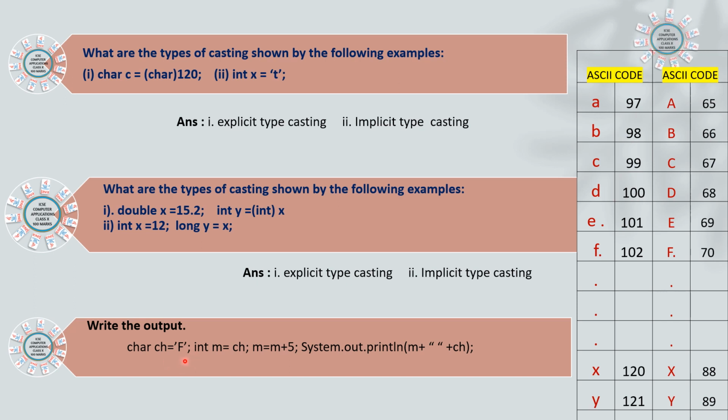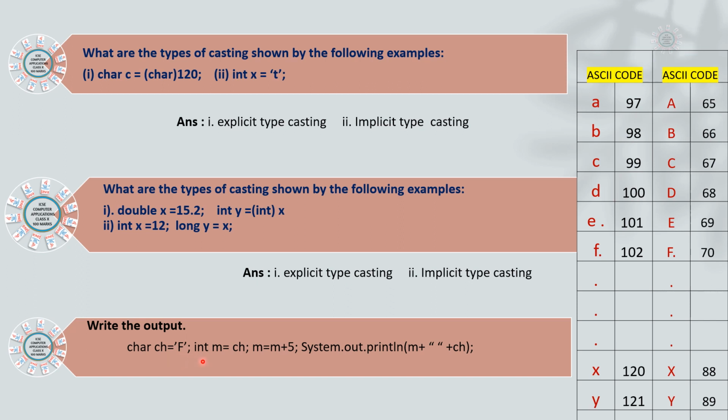ch is equal to 'F'. Here we can see capital F. So 65, 66, 67, 68, 69, 70. F is 70. And int m is equal to ch. That means 70 will be stored in m. Int means integer part, the ASCII code. m is equal to m plus 5. That means 70 plus 5, so in m the value 75 will be there.